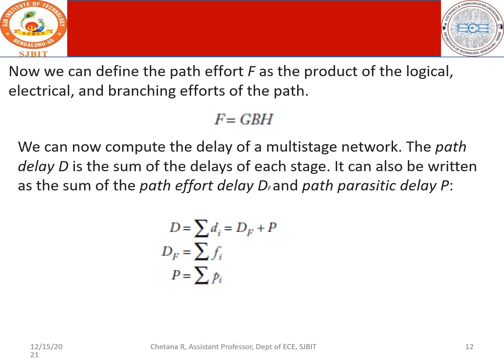It can be written as the sum of path effort delay and the parasitic delay, which is P. Df is the summation of fi with respect to the inputs, and P is the parasitic capacitance associated with it. Using all these things, combinations will give you the entire delay in the multi-stage network.